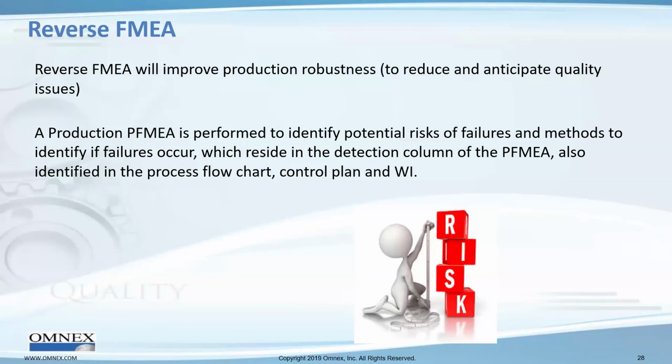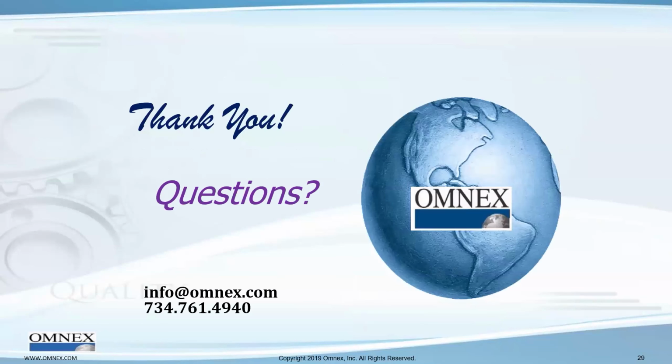So again, the production PFMEA is performed to identify risk. The reverse FMEA just helps support that. So that's what I've got for today, and we'll open it up for questions.